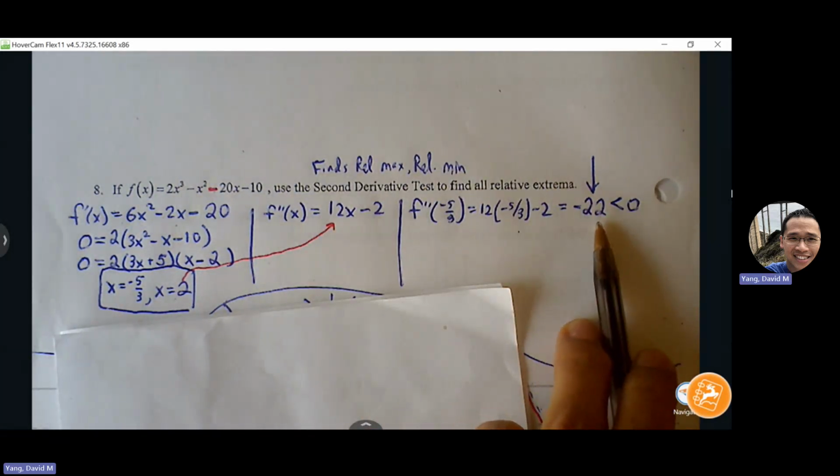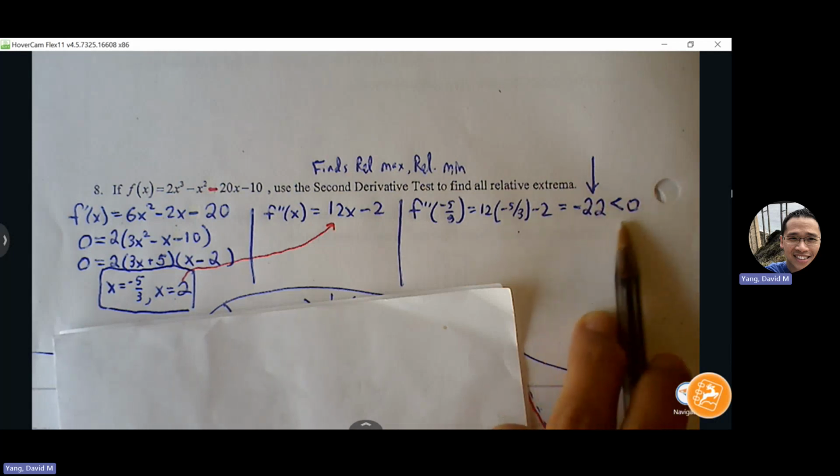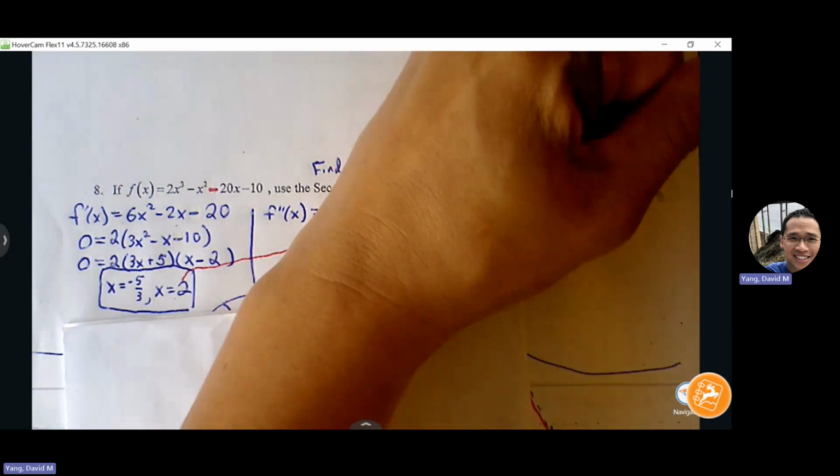Trying to think about what that number looks like feels confusing, right? It's not an ordered pair, it's not slope, it's how much curve this graph is experiencing. And all we need to know is that this is part of a concave what? Concave down. That's all we need to know.